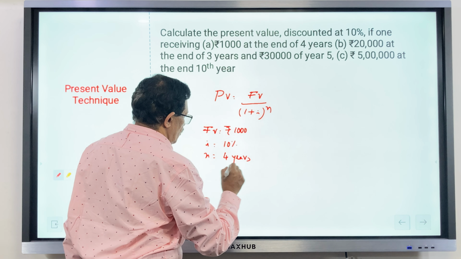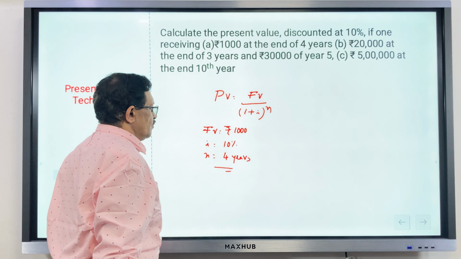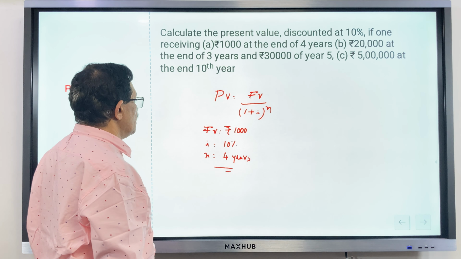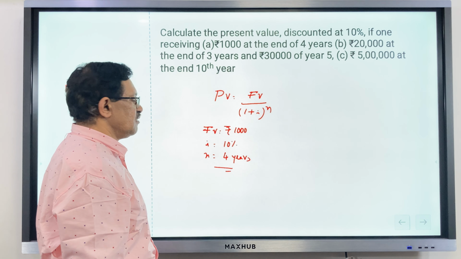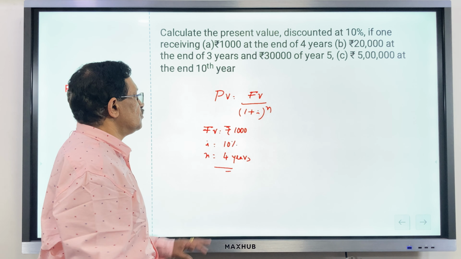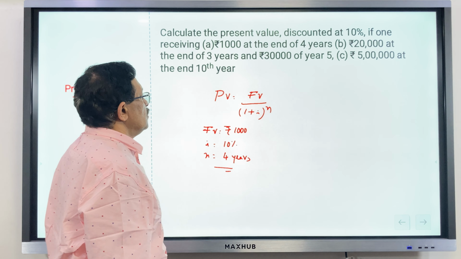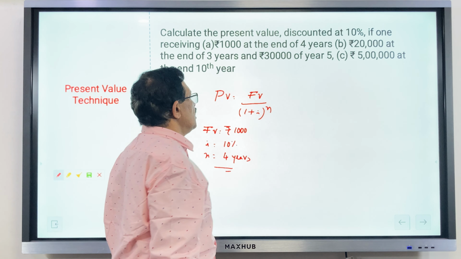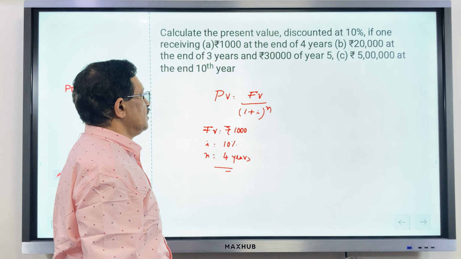So these are the three components which are required for this problem. One is future value, the other one is I, and the other one is the number of periods for which we need to discount. So the formula is future value divided by 1 plus I whole over n.